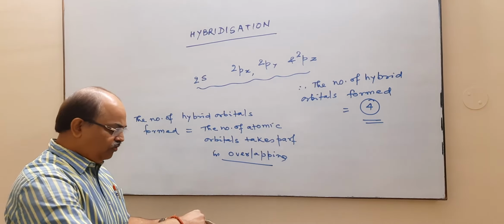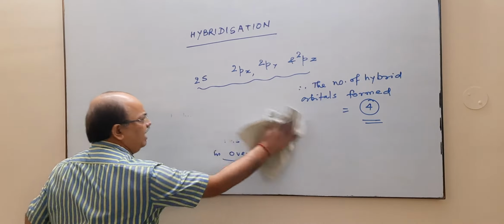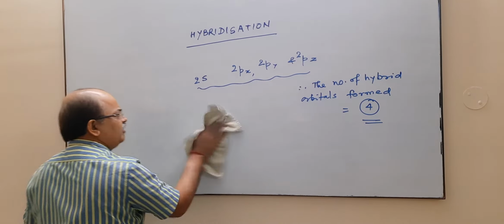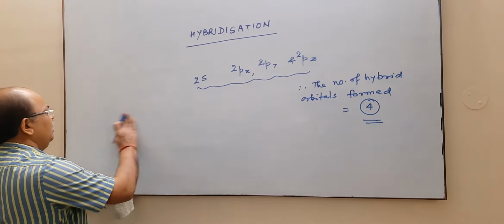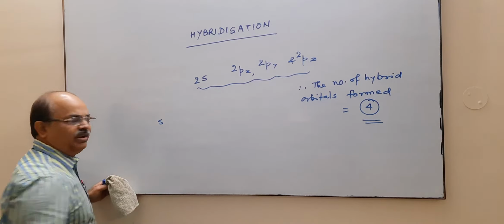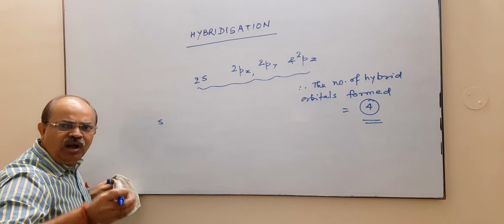Now let us suppose there is another example. Suppose we have one s orbital and simply one p orbital.